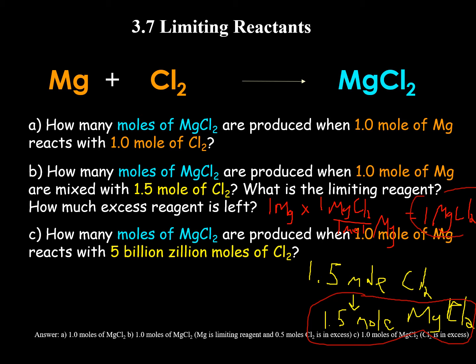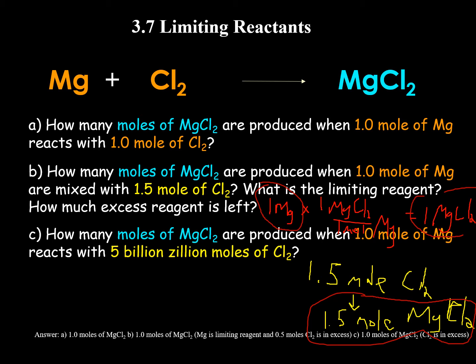So I'll repeat what I just said. The maximum amount of moles of MgCl2 we can make is 1, and therefore the limiting reagent is the magnesium. We can't make any more than 1 mole of MgCl2 because we would run out of magnesium. How much excess reagent is left?